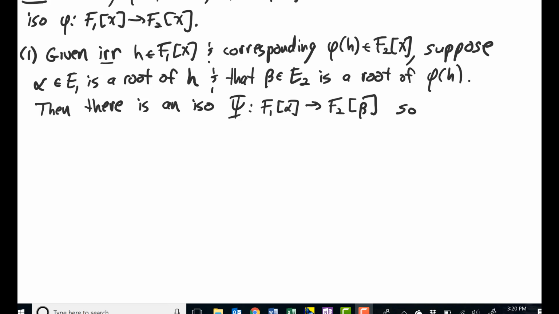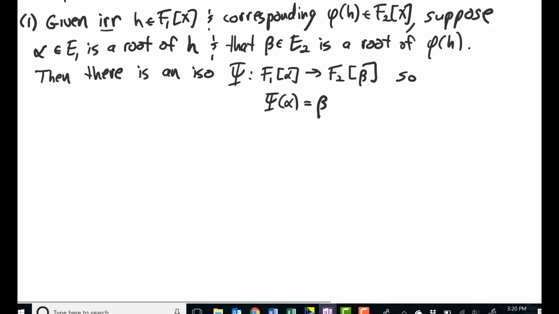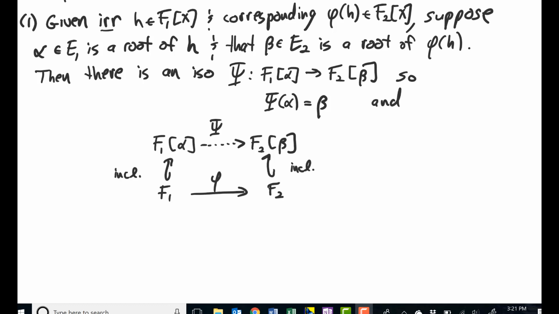So these will be isomorphic fields, but it's also got to have two extra properties that will be important. The first is that psi of alpha is beta, so it takes the root of h to the root of phi of h. And the second condition is that we have this really handy commutative diagram. We already know how to map from F1 to F2 with phi.